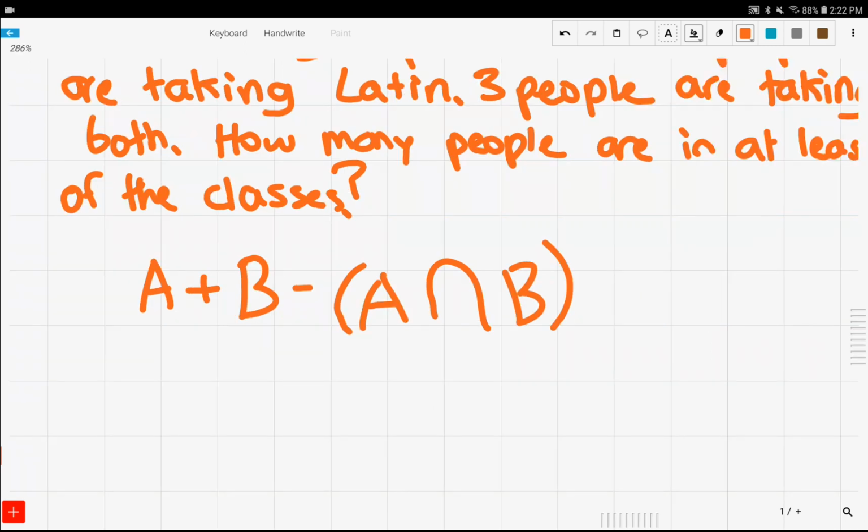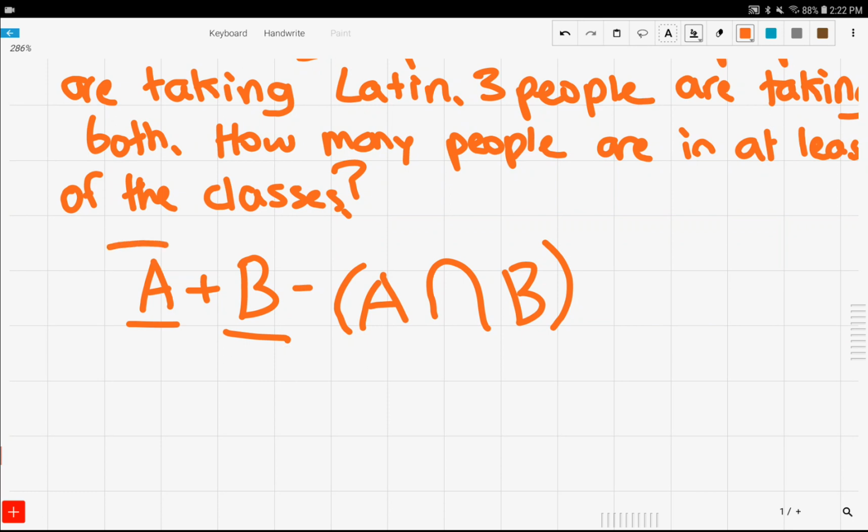So before we go on to the next problem, I'm just going to explain this really quickly. So say we have a set A and we have a set B, and there are certain people in both the sets, and we want to find how many people are in at least one of the sets.